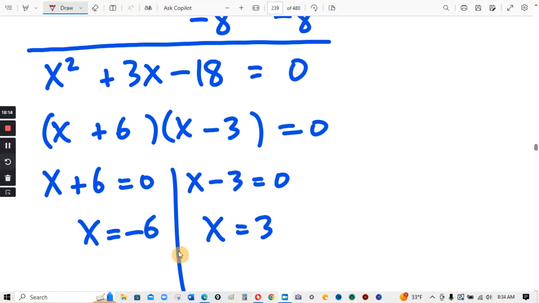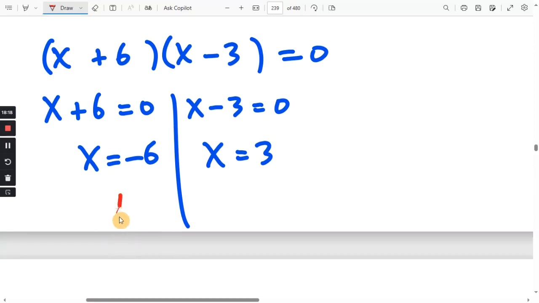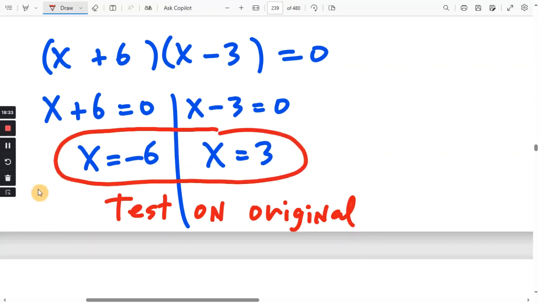For each of these solutions, we have to test them on the original. So we're going to have to plug them in. We've got to test them out.